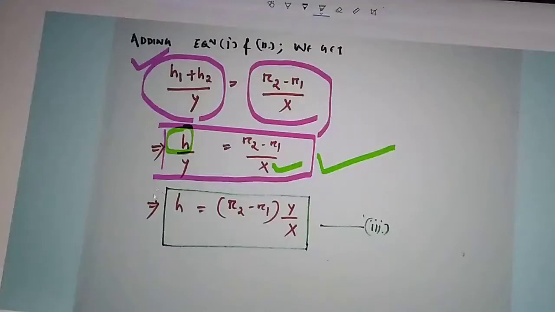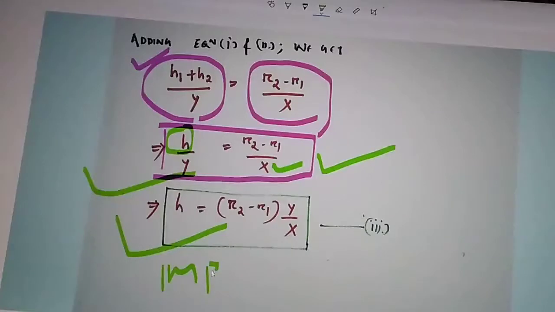So this is the expression between H and R1 and R2, and it is the most important expression from the examination point of view. A direct question will be asked: find out the expression for the sleeve lift of the Hartnell governor, when the minimum and the maximum radius of rotation are given.